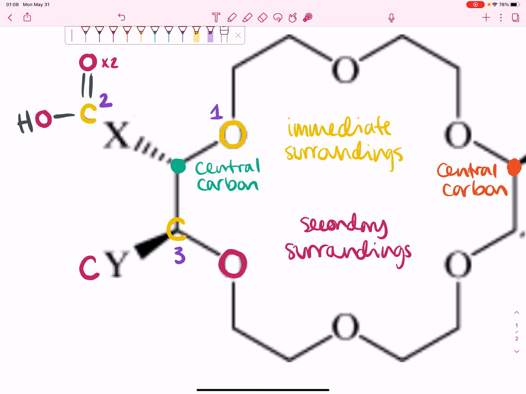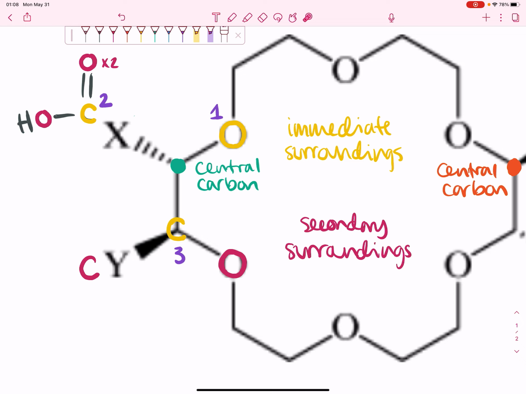But we have one of our numbered substituents that is not 4. 4 doesn't matter. Number 2 is going into the paper, which basically just means that we have to reverse whatever we see here. We just have to take it and flip it upside down. So this S is actually going to become an R. It's as if this 2 and 3 were flipped.